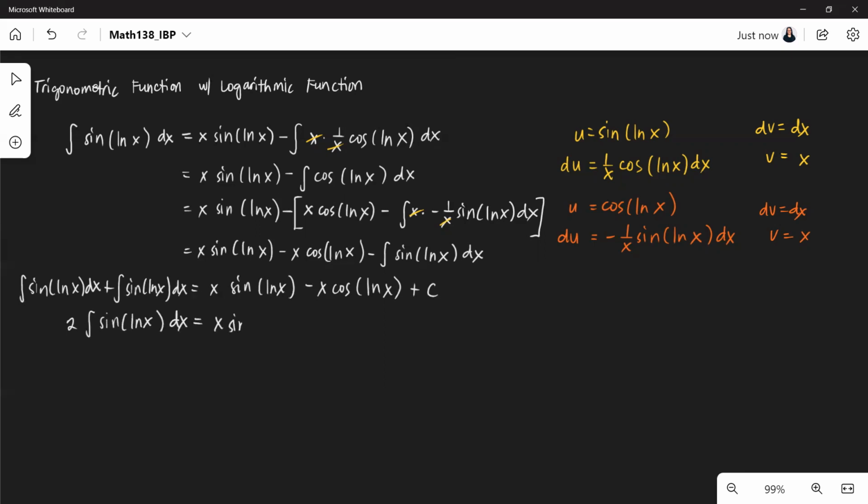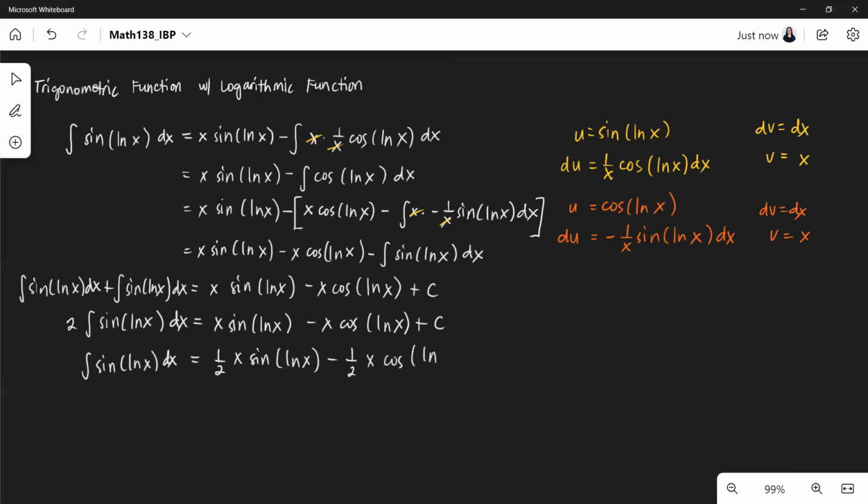Just divide everything by 2 because we need only 1 integral of sine of ln x dx. So the integral of sine of ln of x dx is 1/2 x sine of ln of x minus 1/2 x cosine of ln of x, plus c.